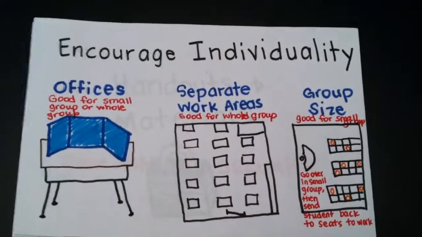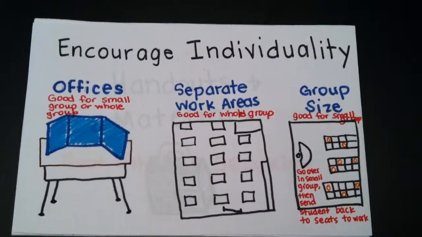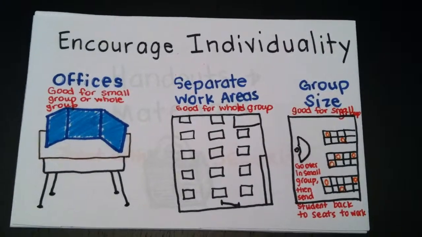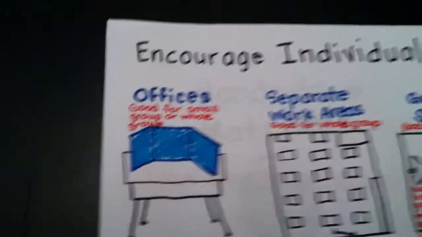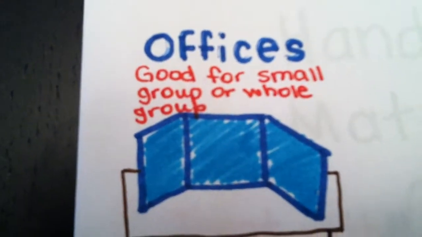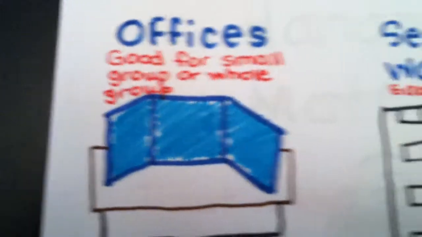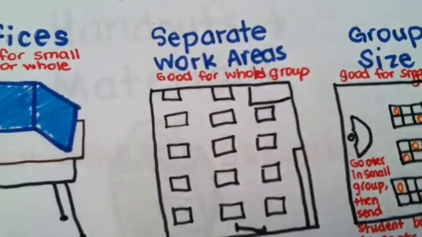Encourage individuality. You can offer this planned experience to your whole group or to small groups. The use of test blockers or offices is good for small group or whole group administration. Separate work areas are good for the whole group.